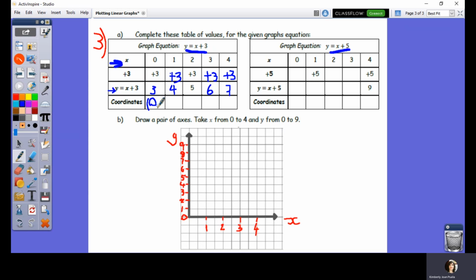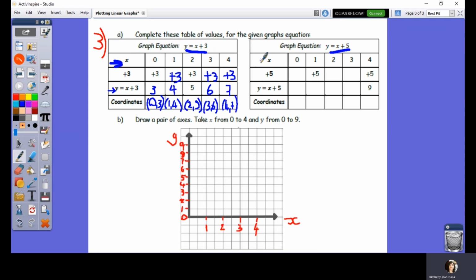So you have 0, comma 3, 1, comma 4, 2, comma 5, 3, comma 6, to 4, comma 7. So first table is ready.